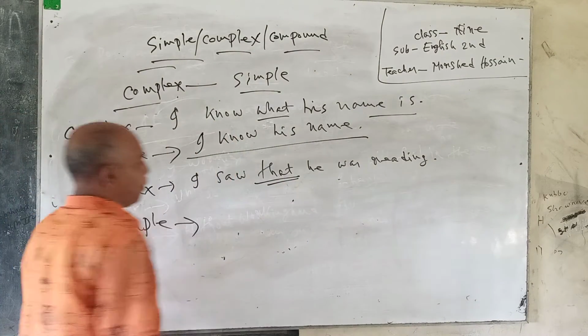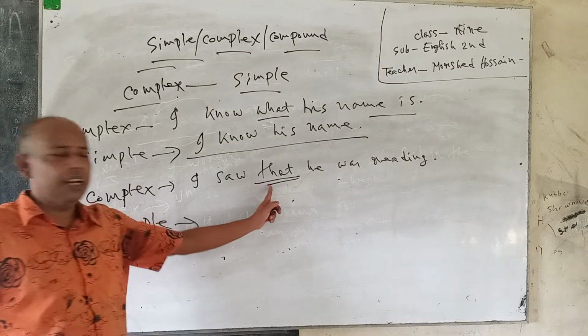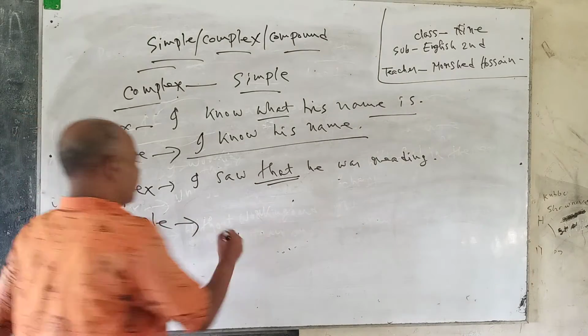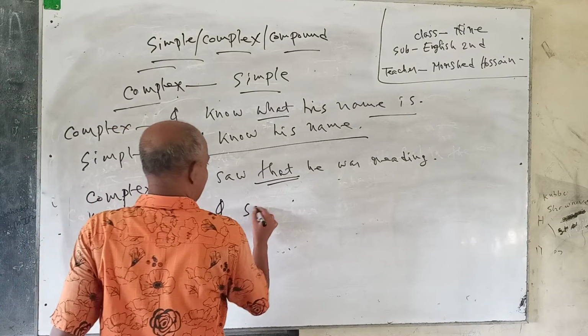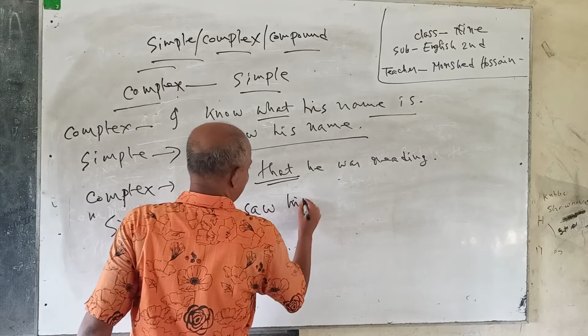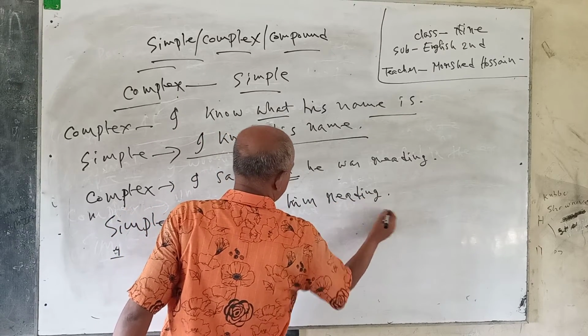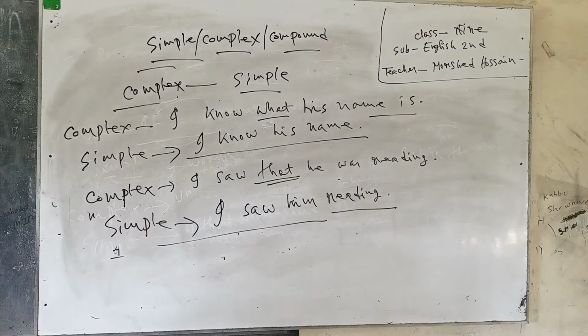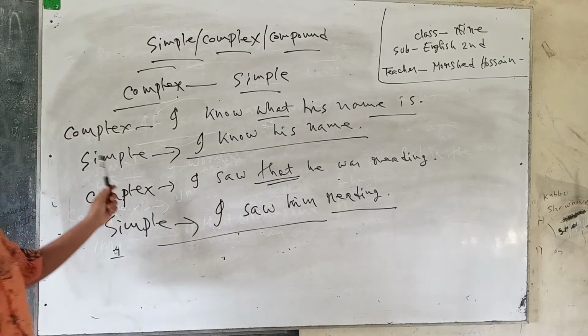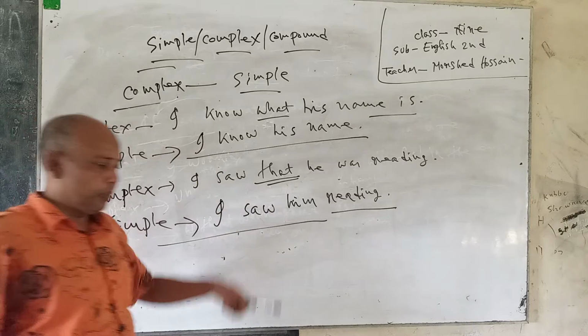This is the form of complex and we have to remove this one and make it directly simple: I saw him reading. This is the present participle and directly simple. So learners, these are the rules of complex to simple.